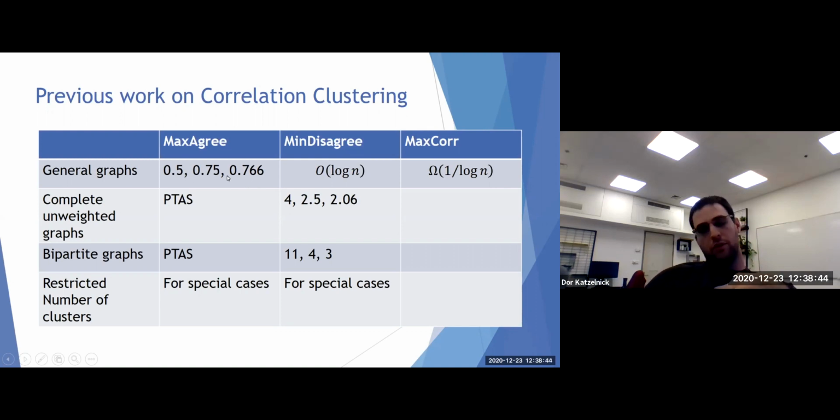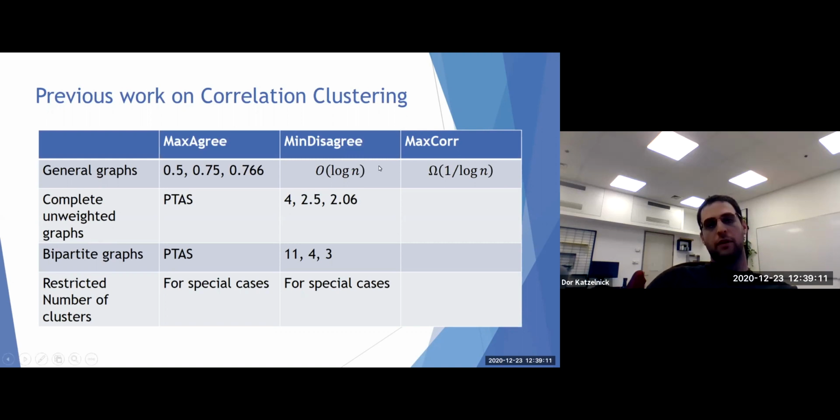Here you'll need to use some semidefinite relaxation and some rounding technique that is similar to max cut. We also have PTASes for complete unweighted graphs and bipartite graphs. And we also have algorithms when we are restricting the number of clusters in the output.